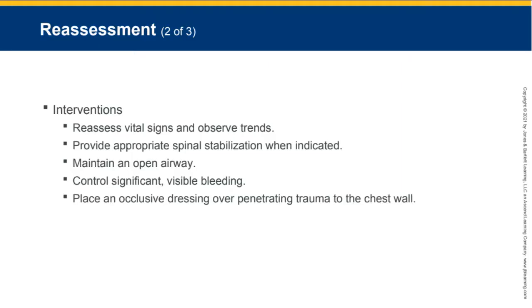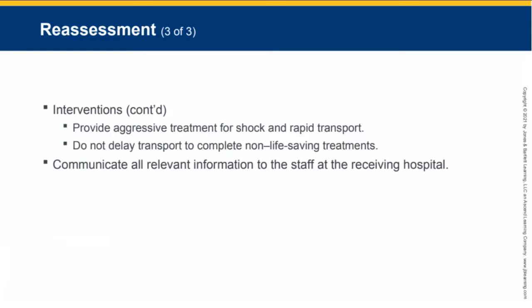Maintain an open airway. Control significant visible bleeding. Place an occlusive dressing over penetrating trauma to the chest wall, or a sucking chest wound, as it is sometimes referred to. Provide aggressive treatment for shock and rapid transport. Do not delay transport to complete non-life-saving treatments. Communicate all relevant information to staff at the receiving hospital.